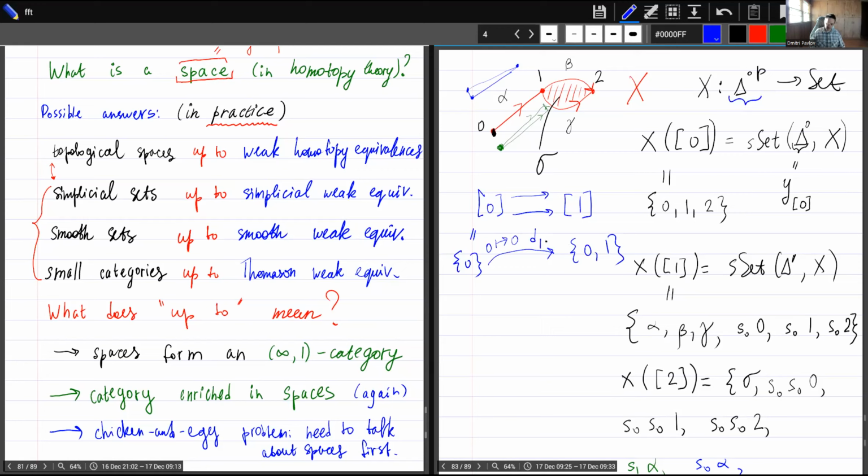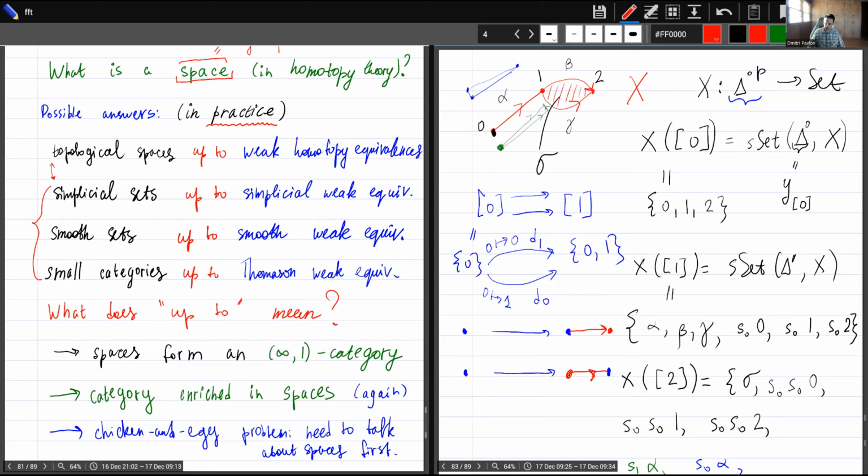So 1 refers to the element not present in the image. And the other one that sends 0 to 1 is called D0 because 0 is not present in the image. And of course, geometrically, you think of those as sending a vertex to either the initial vertex, or the terminal vertex. Two different maps.